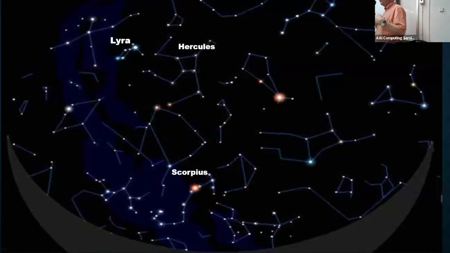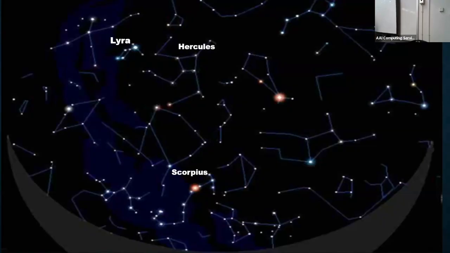Wayne before was talking about Scorpius and Sagittarius. They're 2 constellations that are always low on the horizon because they're really in the southern part of the sky, but because of the tilt of the Earth, you can see them in the summer. The center of the galaxy is right about in here.